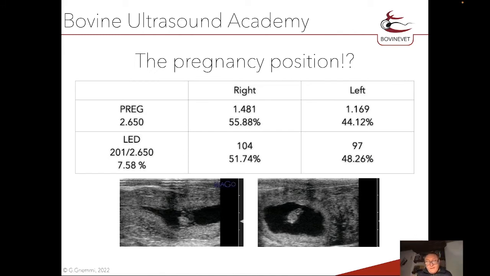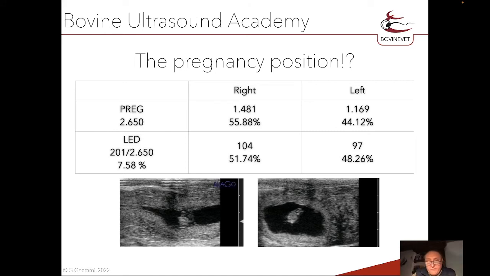Well, in ruminants, the right ovary is the one that works most. It is on the right ovary that there is the greatest number of ovulations, and therefore it is in the right uterine horn that gestations develop more.